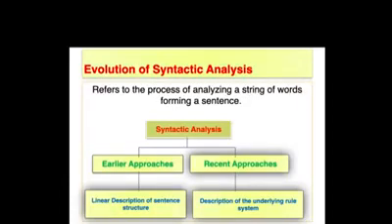Syntactic analysis allows us to understand how sentences are formulated, what kind of rules govern them, and what kind of typical order they follow. So it's about the order, it's about arrangement.